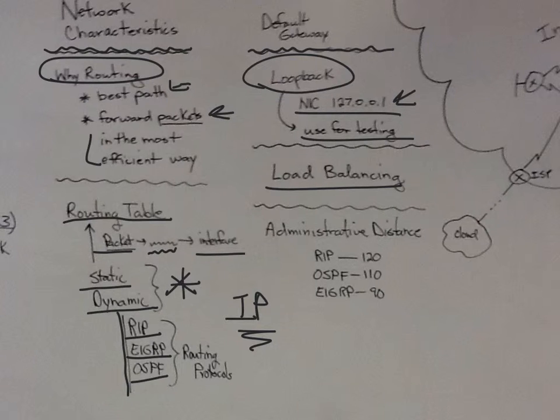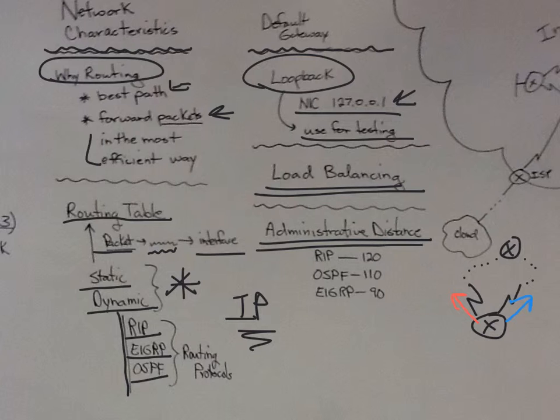You can load balance. We'll talk a little bit more, but that's if you have two options out of the router that both lead to the same place eventually. You could send some of the information the blue route, and some of the information the red route, or one way or the other. So that's load balancing.